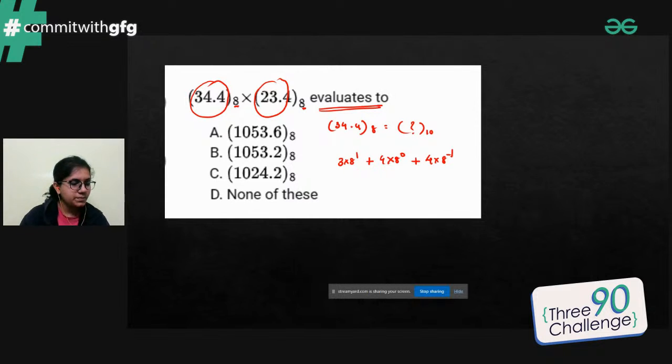If you do the multiplication directly, the answer is coming 4804.96, and here no option is present. Why can't we do direct multiplication? Because it is not in decimal form. If we do direct multiplication, this is the result we are getting, and it is not in decimal form. So for that we first have to convert it into decimal form, and then we will do the multiplication.